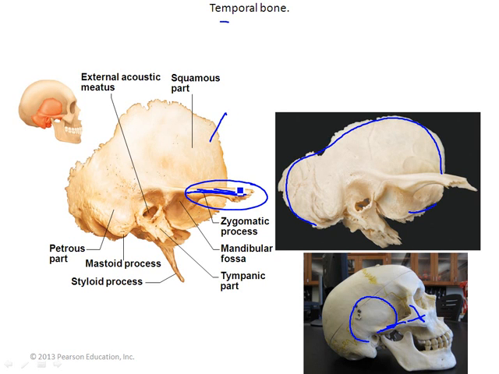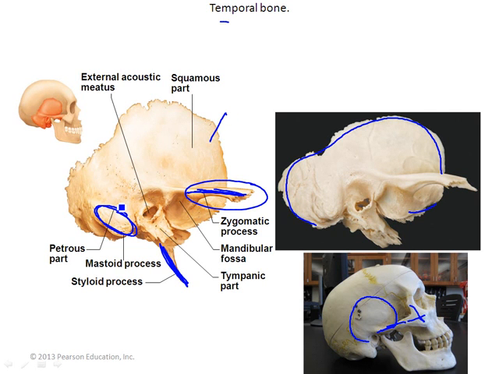You have the mandibular fossa. I'll get to that in just a second. Styloid process. Hanging off the bottom of the temporal bone, there's this little sharp object called the styloid process. It's an attachment point. You have the mastoid process, which is this big, rounded area right here. You can feel it right behind your ear. This bump is your mastoid process.